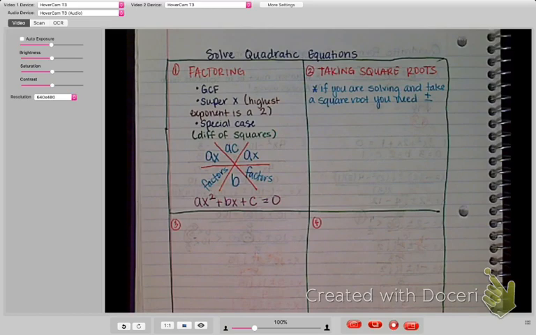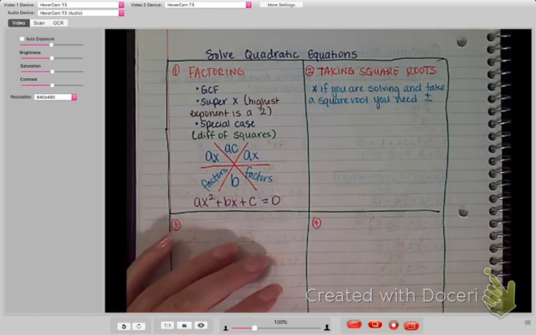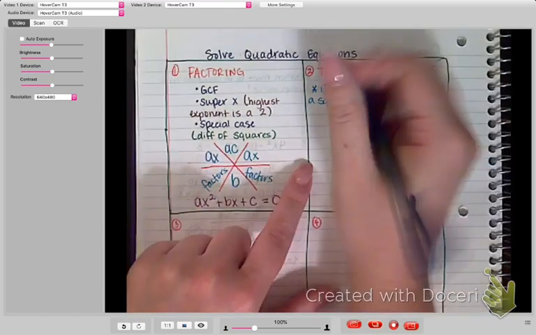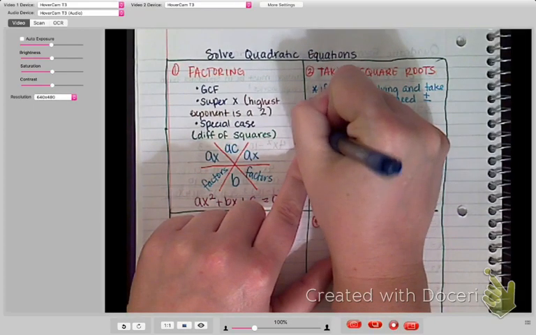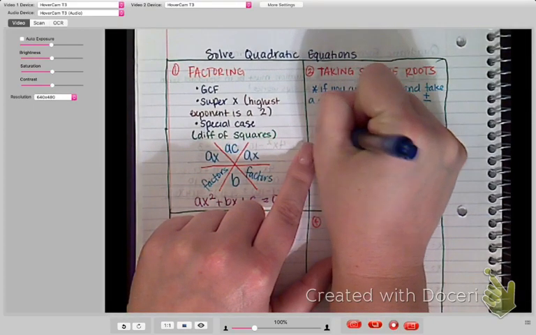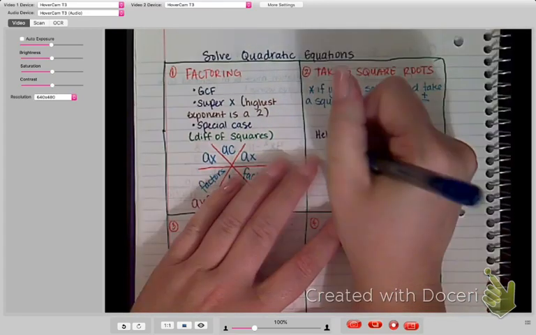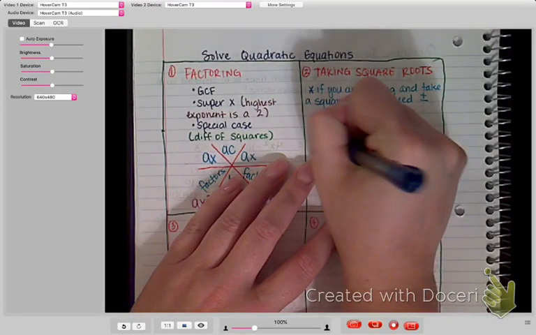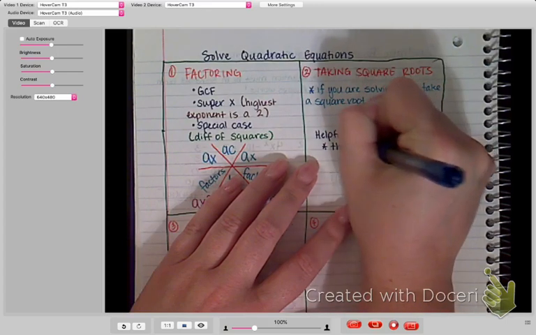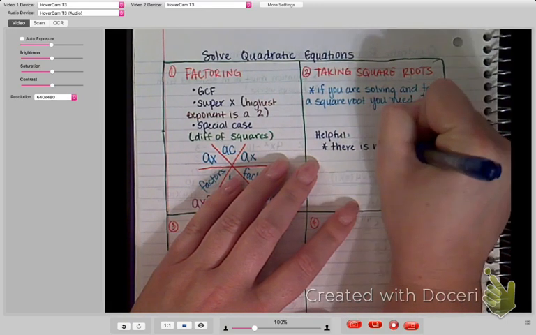We're going to look at some examples in a second, but something that might be helpful as you are determining if taking square roots is the right option is if there is no B term.